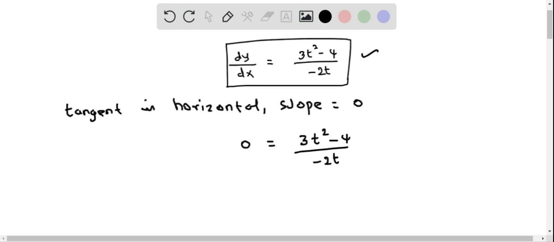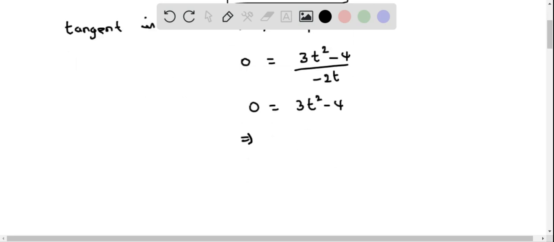Multiplying both sides by negative 2t, we get 0 equals 3t squared minus 4. And adding 4 on both sides, we write 3t squared equals 4. So t squared equals 4 thirds, and we take the square root to determine the value of t.